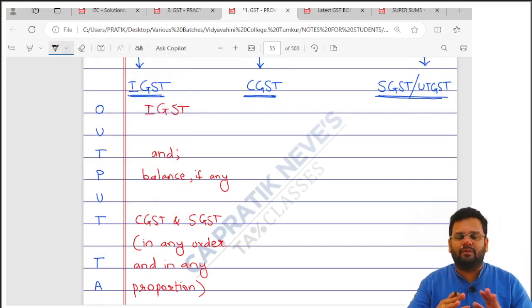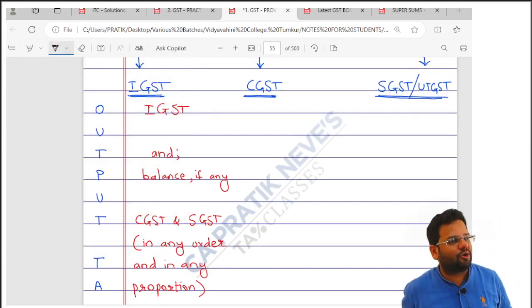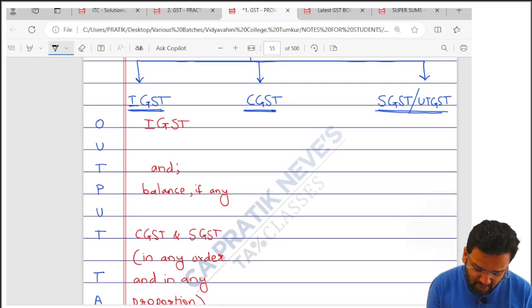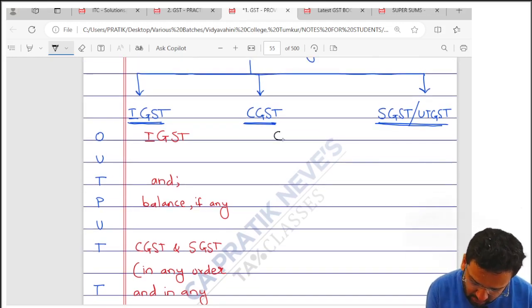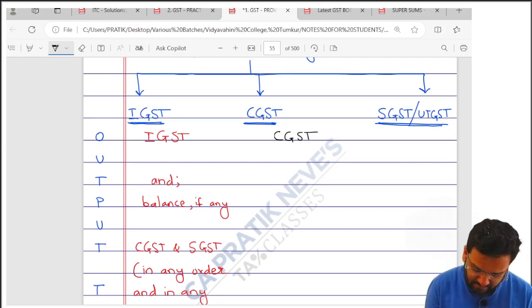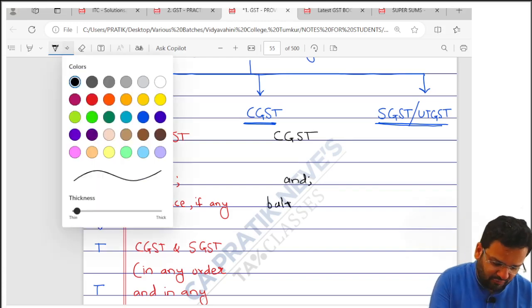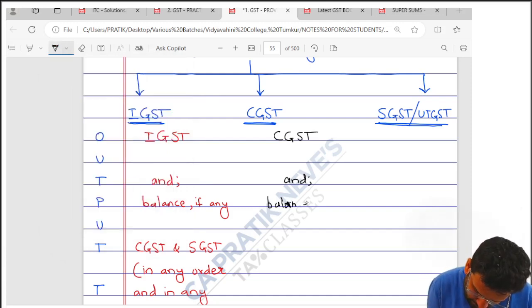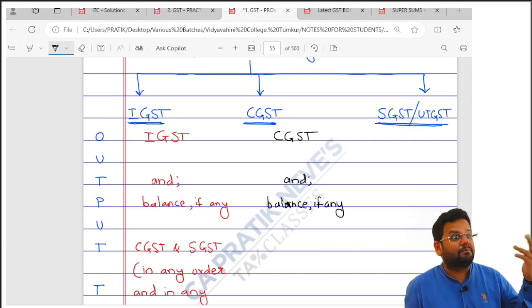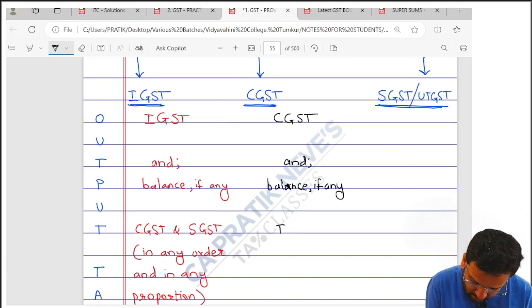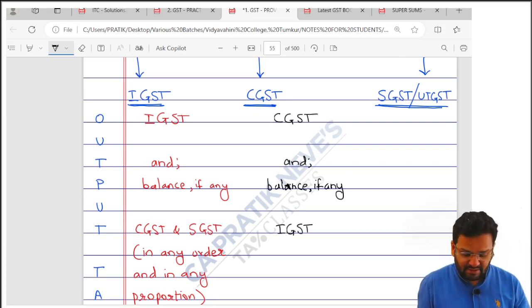After completing with ITC of IGST, touch ITC of CGST, and use ITC of CGST to pay output tax of CGST, and balance if any, to pay output tax of not SGST, IGST.